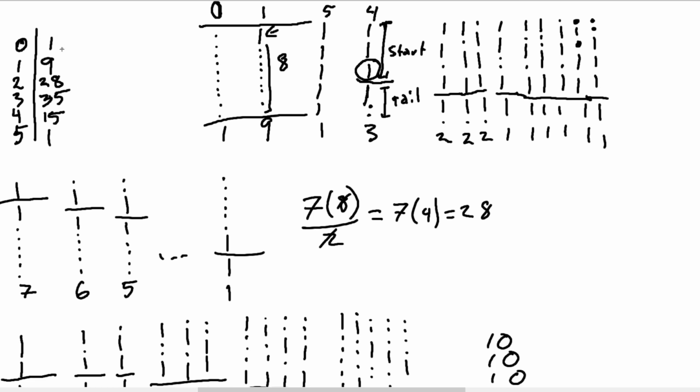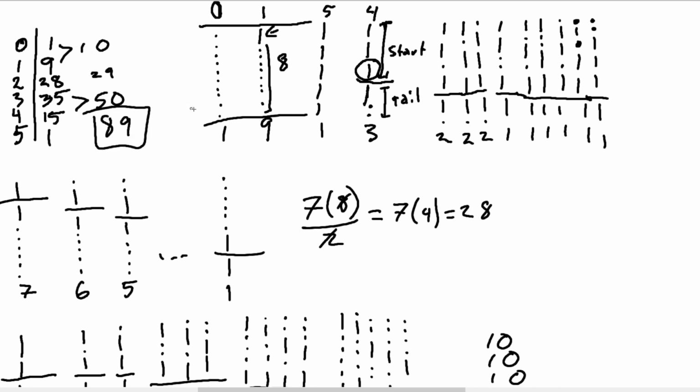So let's see. 1 plus 9 is 10. That looks gross. Let's see. 35 and 15 is 50. And 28 and 1 is 29. So does that make 89?